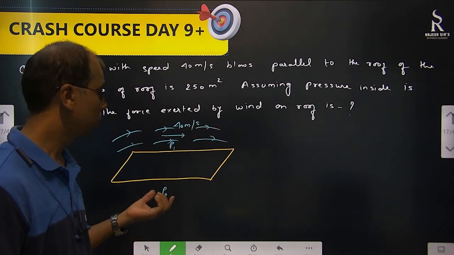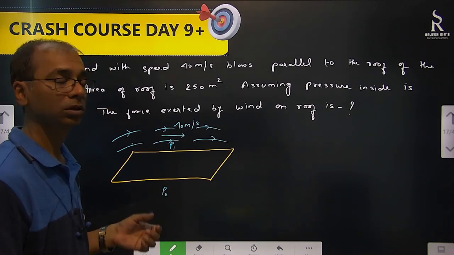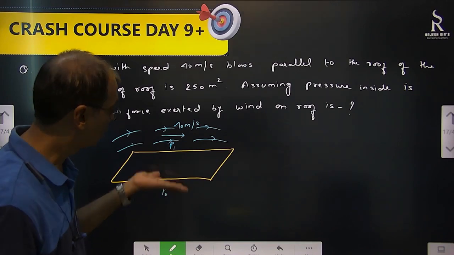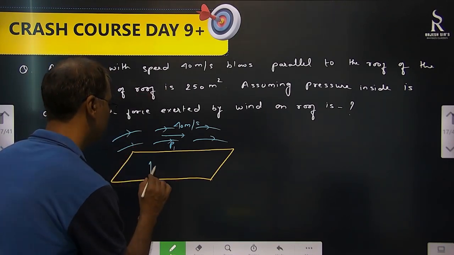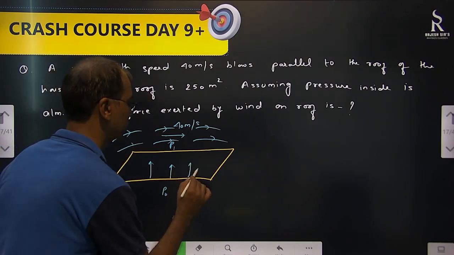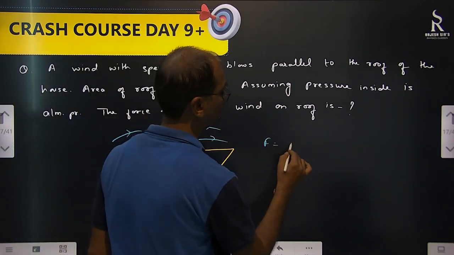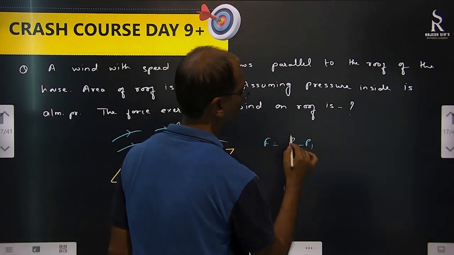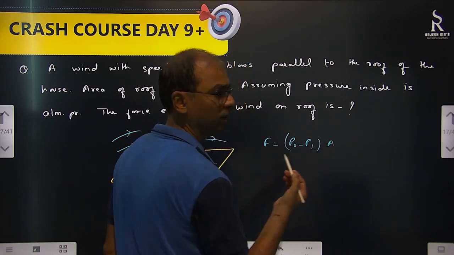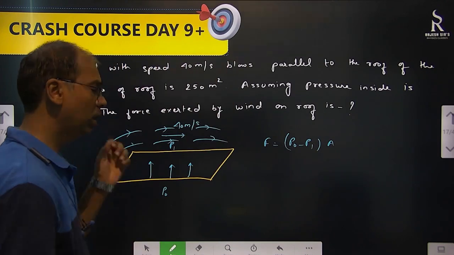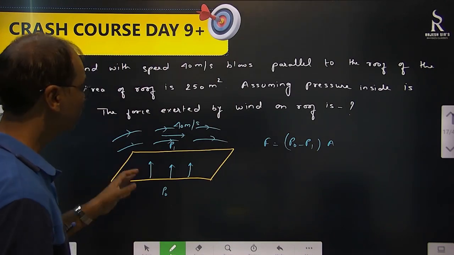Where will pressure be more? This is only more. So if this pressure is more than the pressure here, how will the force be exerted? Upwards. And what will that force be? Force will be P naught minus P1 into area, something very similar to what we discussed for the wing of the plane. Alright, let's find it now.